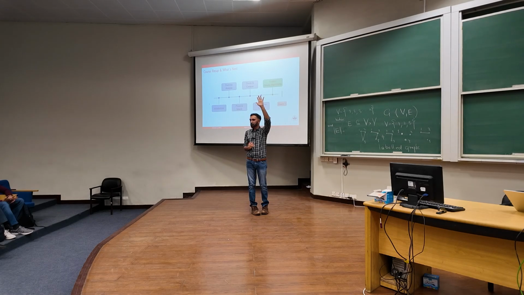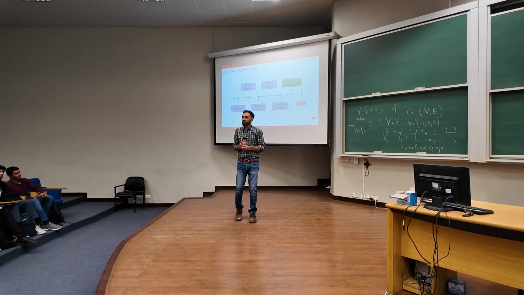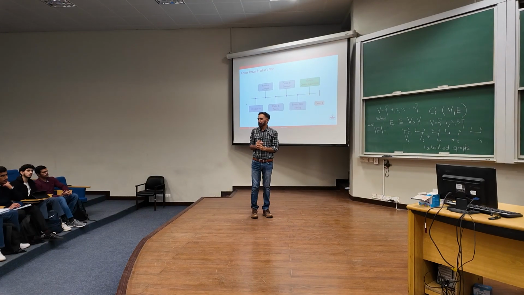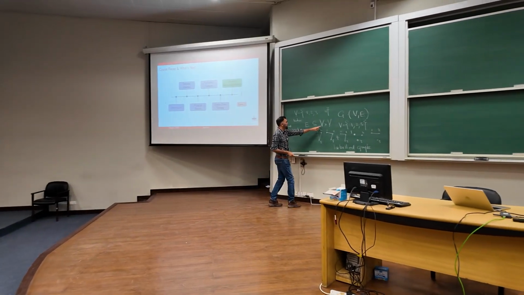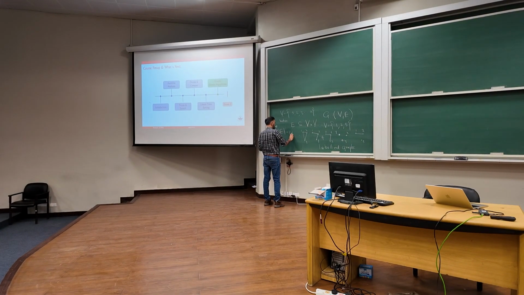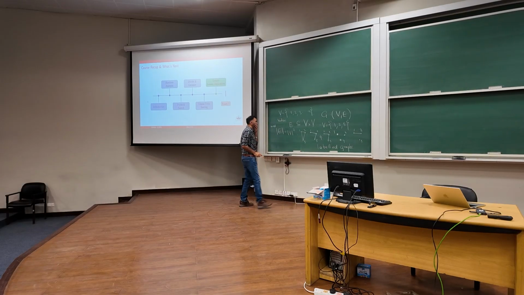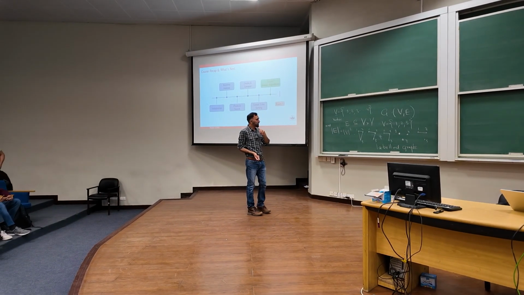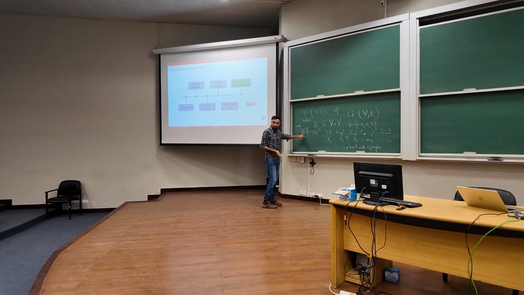Factorial is not correct. V squared, the size of the vertex set squared. That's the number of edges that you can have.